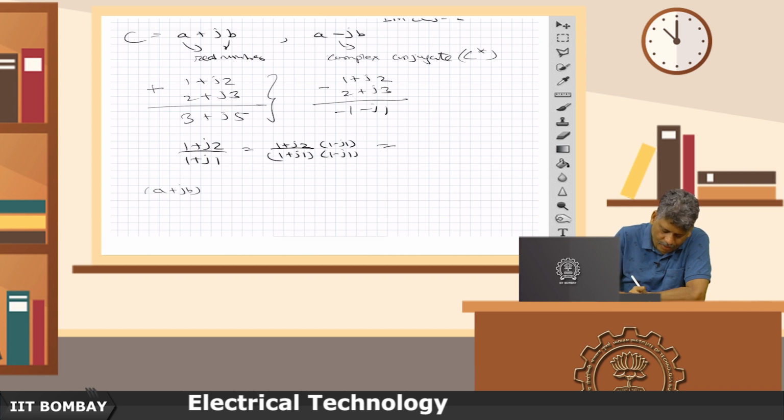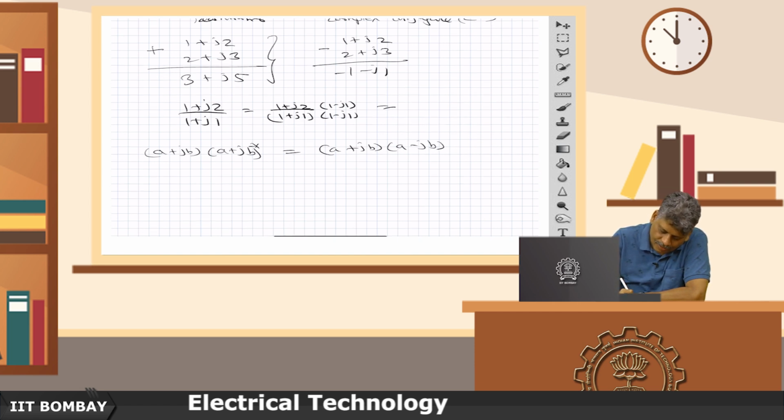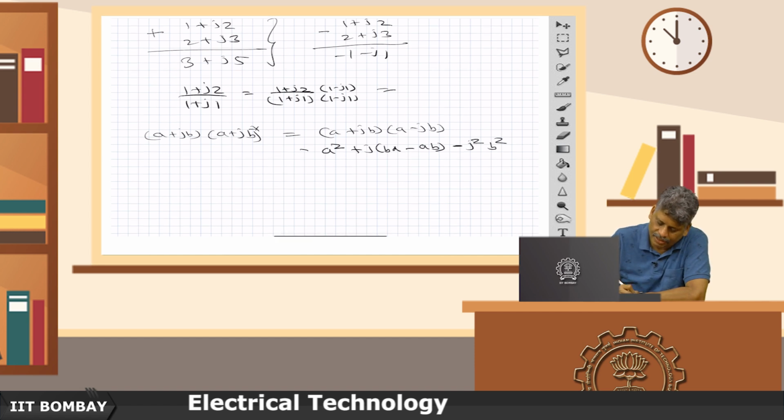If a plus j b is a complex number, when you multiply it by its complex conjugate, it is a plus j b into a minus j b, which is nothing but a square plus j times b a minus j times a b, minus j square times b square, expanding this.